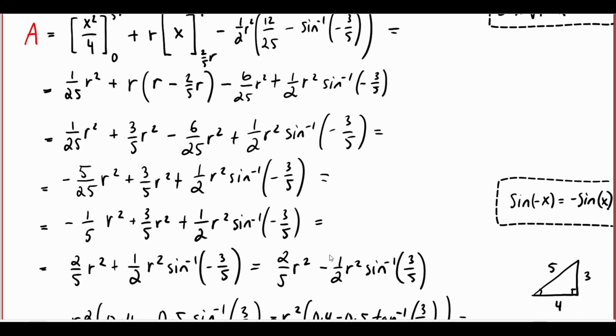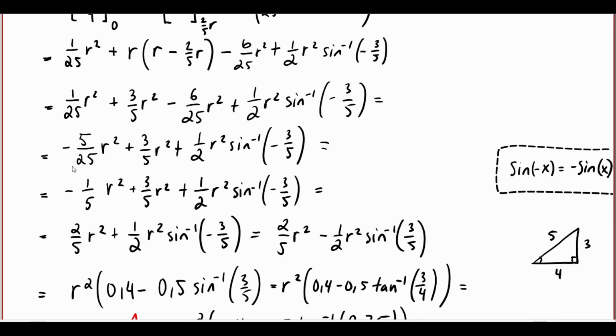Okay. And we can see that this fraction can be simplified to this, and then we evaluate this expression, and then we get 2 over 5 r squared plus 1 over 2 r squared arcsine of minus 3 over 5.